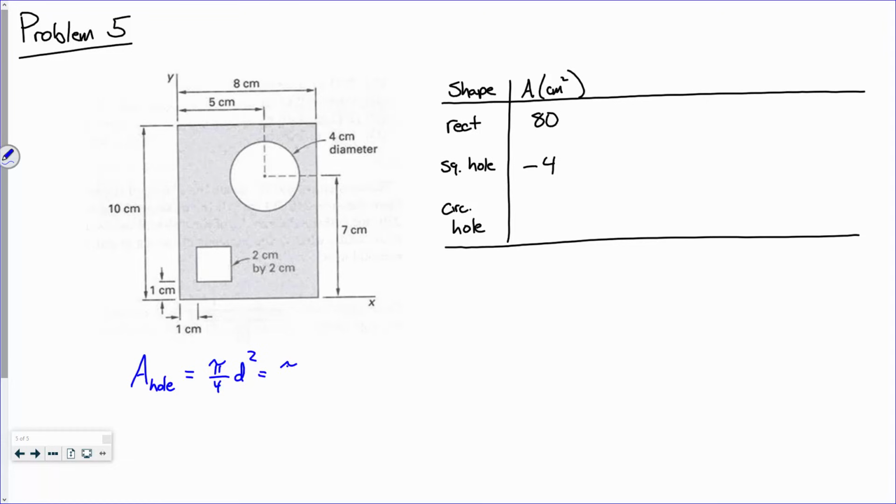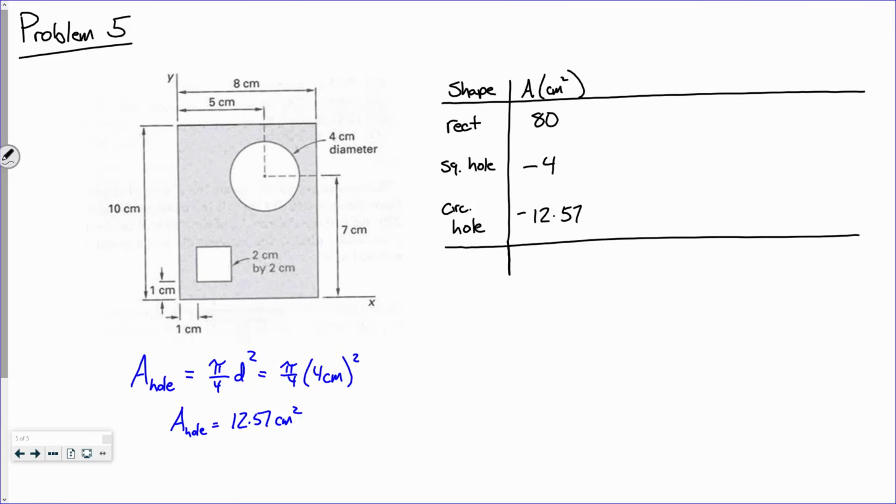So pi over 4 times 4 centimeters squared is what? 12.57, something like that. So we'll say negative 12.57.